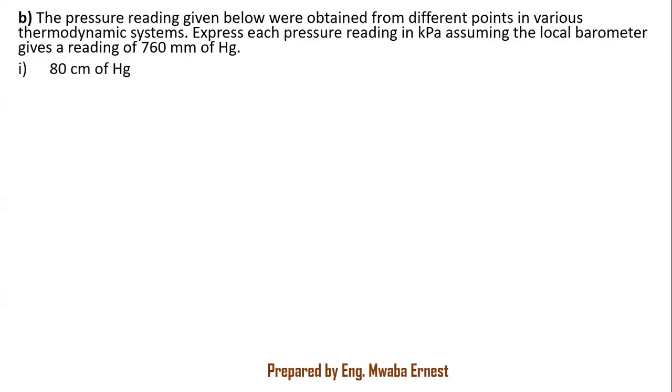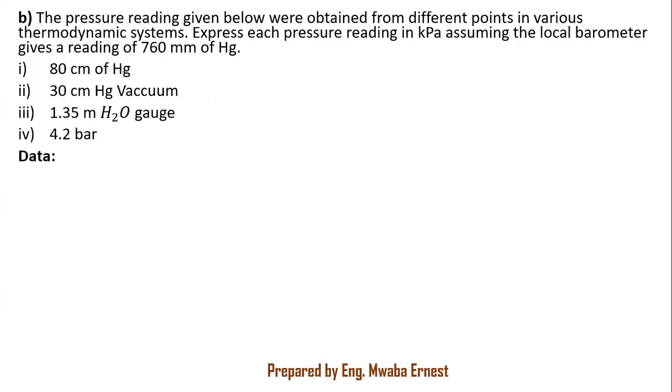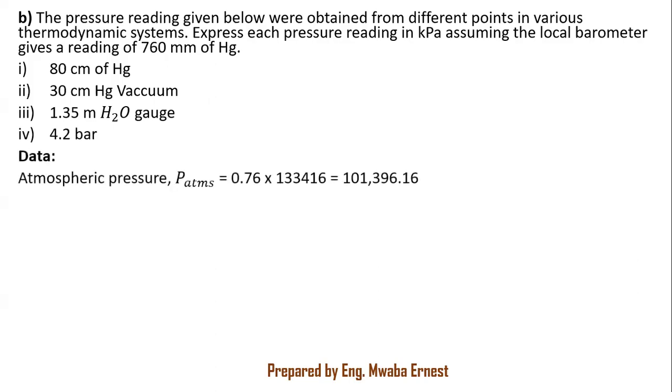We'll try to calculate that one. The questions are: 80 centimeters of mercury, 30 centimeters of mercury vacuum, followed by 1.35 meters of water, and 4.2 bar.